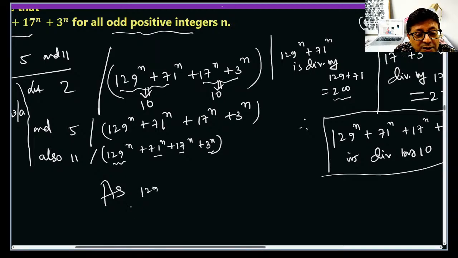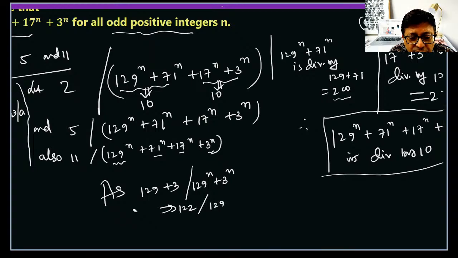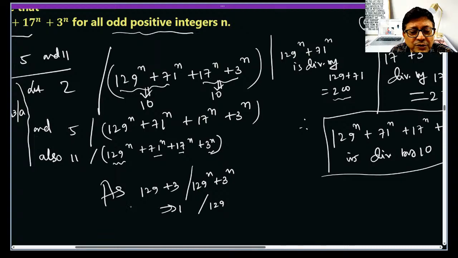As 129 plus 3 divides 132, no, it will be 132. 129 to the power n plus 3 to the power n.